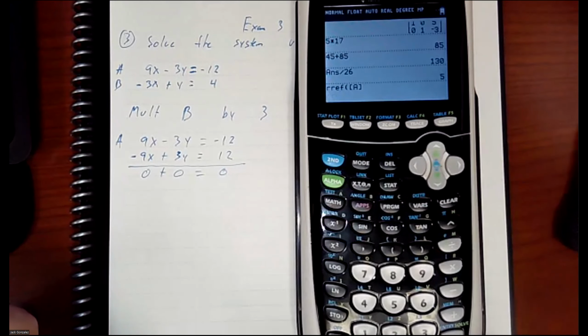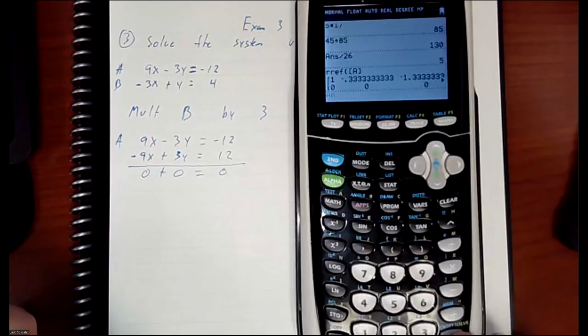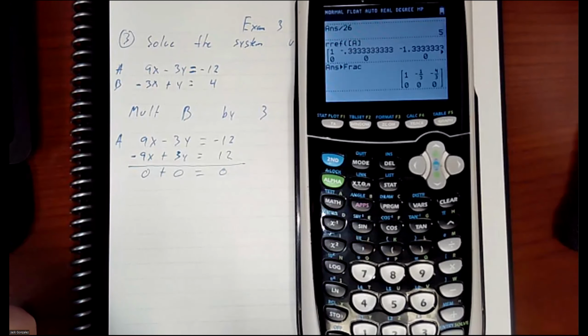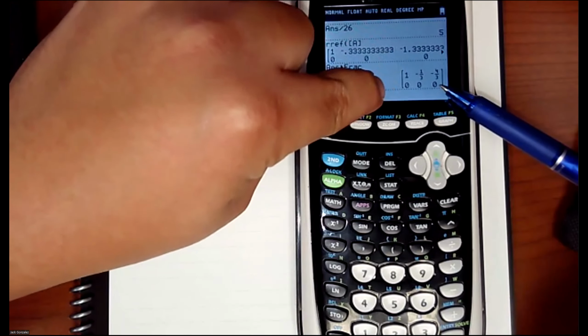All right. Okay, so here's the answer in fraction form. Notice how there's a row of zeros. That's the same thing as what we got, pretty much. Same scenario. So if you do it with your calculator and you get this, it's an infinite number of solutions.